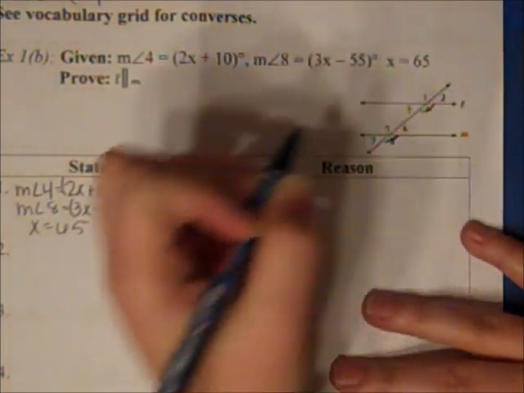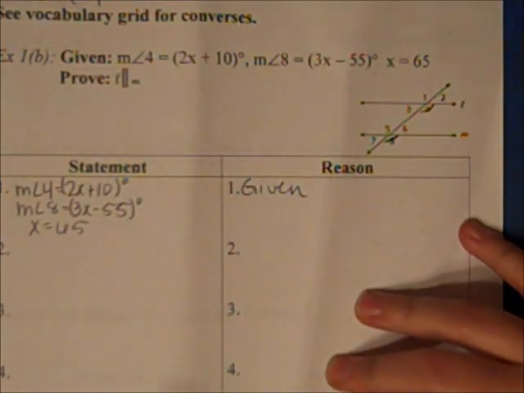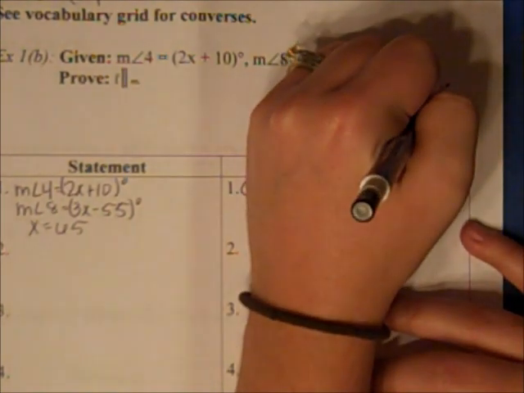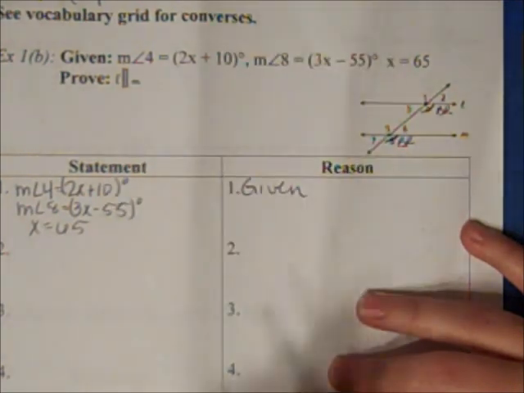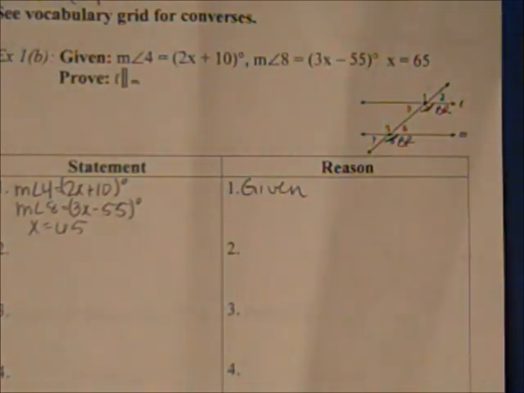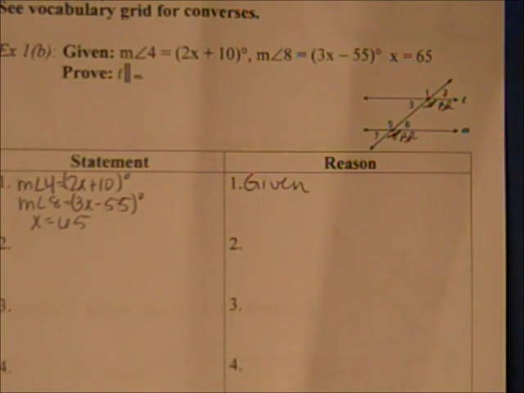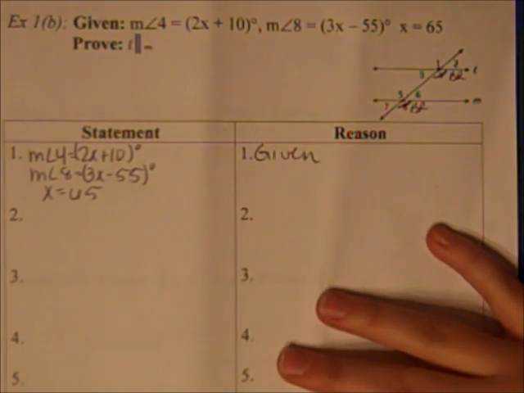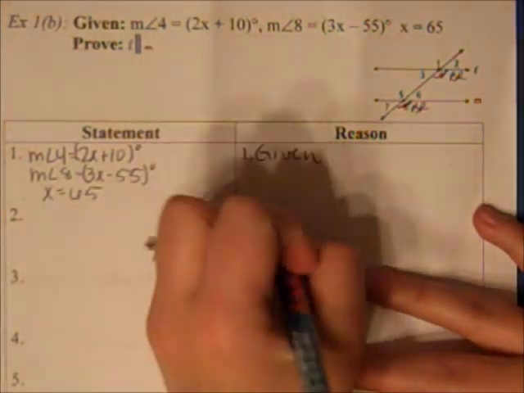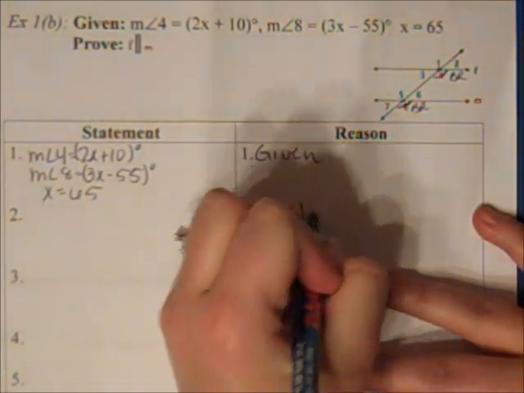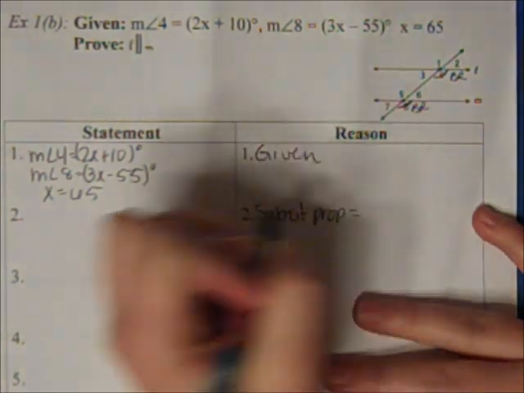Okay, so we can look at our picture here and we can tell 4 and 8. What kind of angles are 4 and 8? Well, they're corresponding because 4 is in the bottom right and so is 8. So I know from yesterday that corresponding angles should be congruent if the lines are parallel. So I'm going to see if that happens here today. The next thing I want to do is see what happens when x is 65. So I am going to substitute x in there.